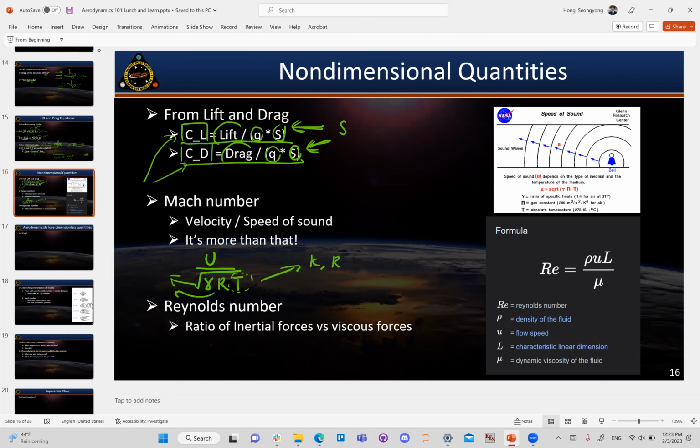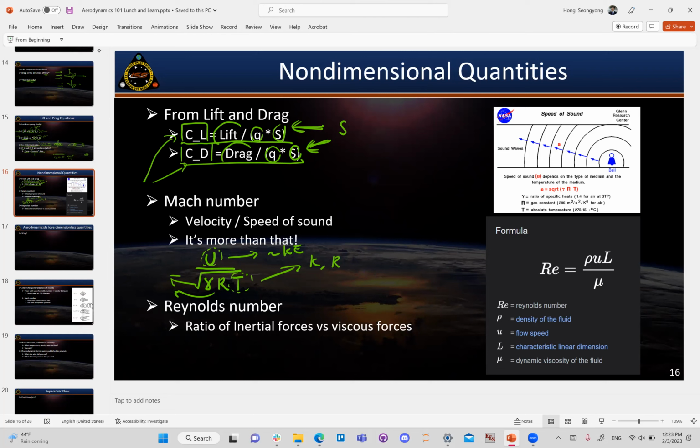So speed of sound is a measure of the temperature of the air, and velocity you can think of as an analog to the kinetic energy that the air has. Temperature is the analog of the thermal energy the air has. So you can think of Mach number in this interesting way.